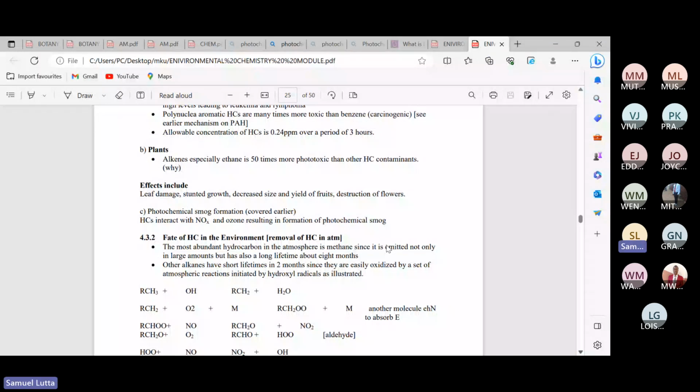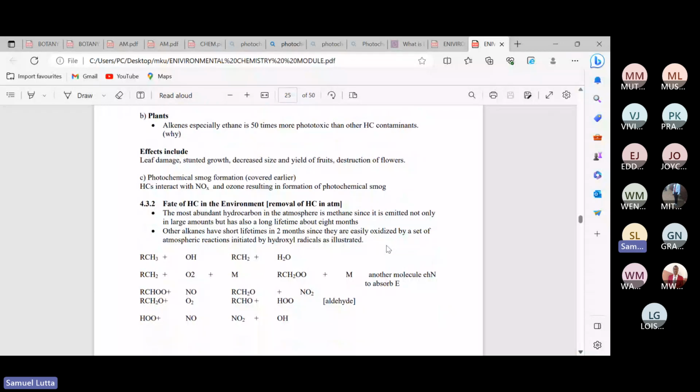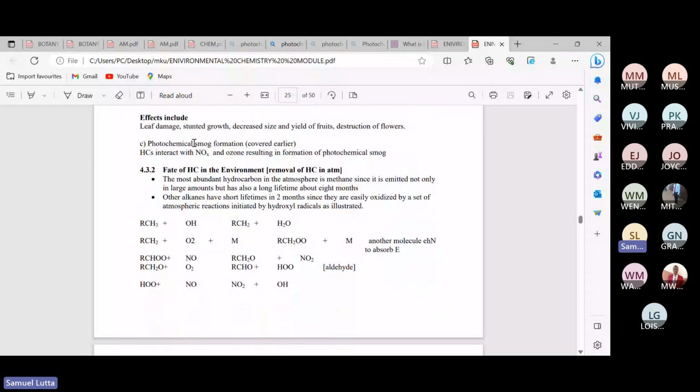I think there's an equation here which just shows what happens to the organics. For example, they can react with hydroxyl radical in the atmosphere to form hydrocarbon radicals plus water. These can react with oxygen plus another molecule to form the peroxides plus the catalyst, so this one is just acting as a catalyst.